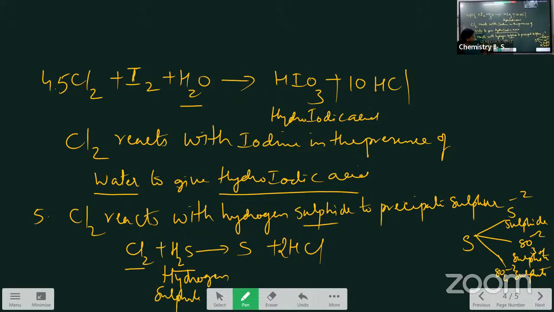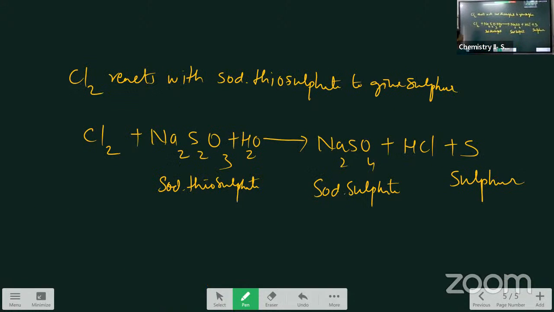As I told you, sulfur forms 3 anions, sulfide S minus 2, sulfite SO3 minus 2, sulfate SO4 minus 2. So here this is sulfide, hydrogen sulfide. Cl2 reacts with hydrogen sulfide to give sulfur and HCl. In the last reaction, Cl2 reacts with sodium thiosulfate to give sulfur. So these are the various chemical properties of chlorine. So this whole answer is for 8 marks.